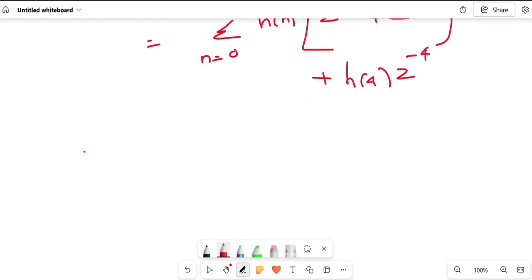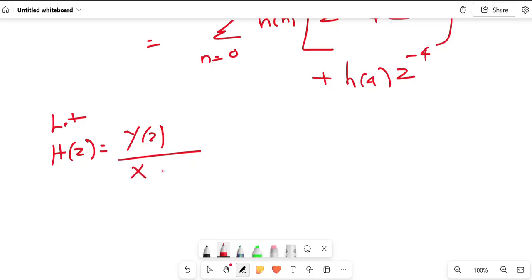So, now let H(z) = Y(z) by X(z), which is equal to the sum of h(n) z^-n.